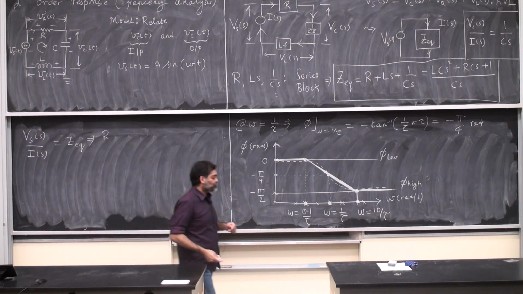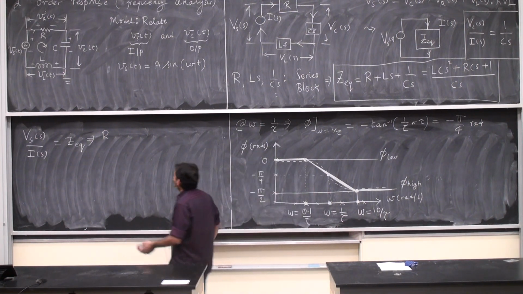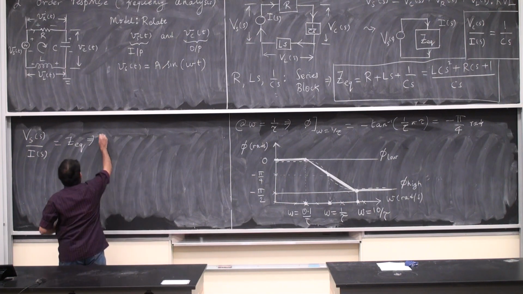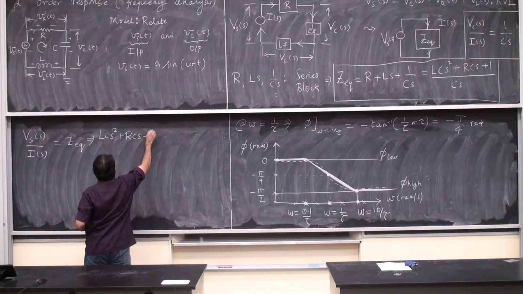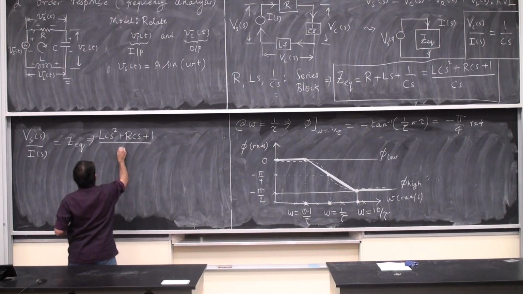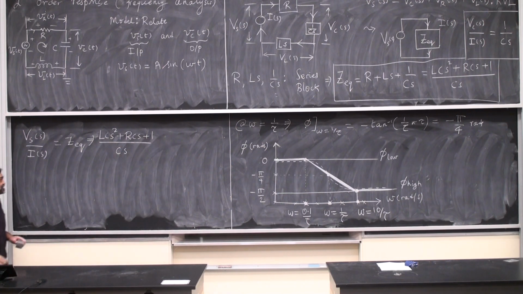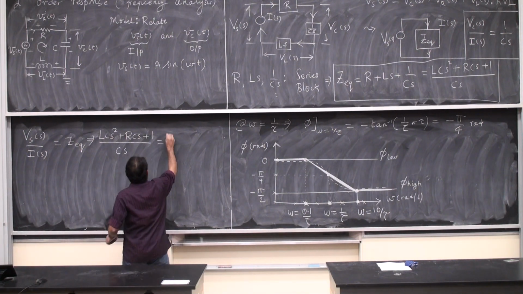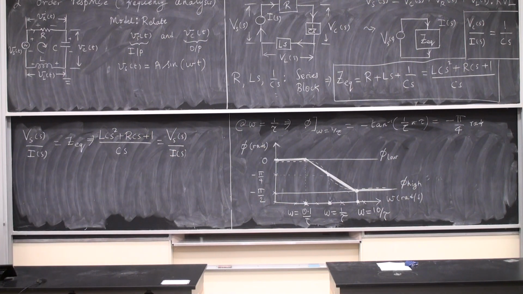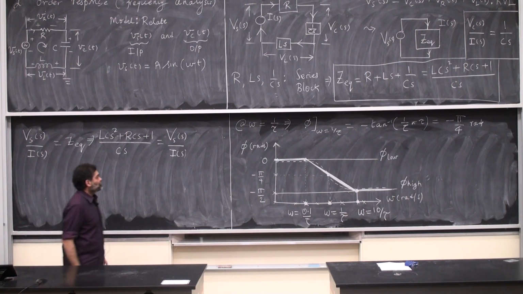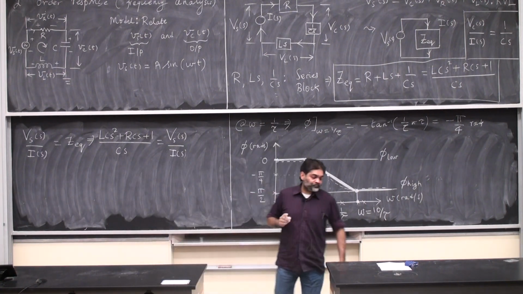LCS square plus RCS plus 1 by C times S. This is Vs of S by I of S. I'm going to do the following.